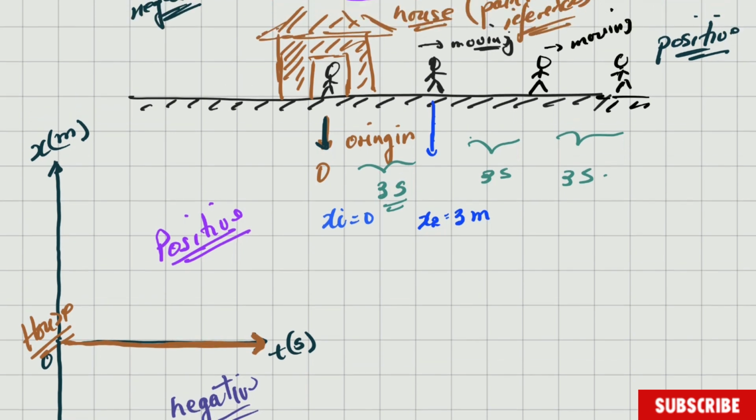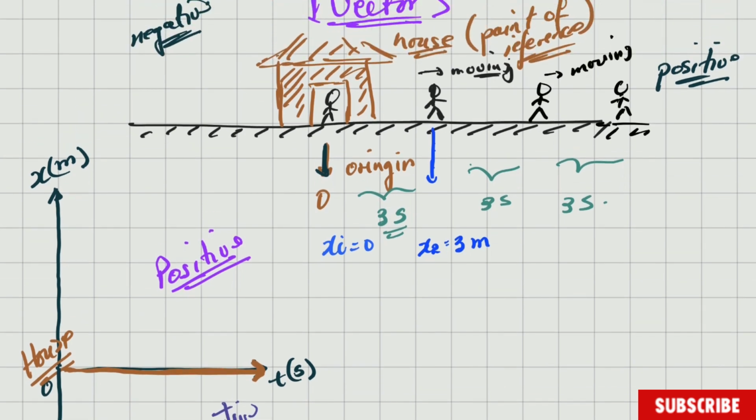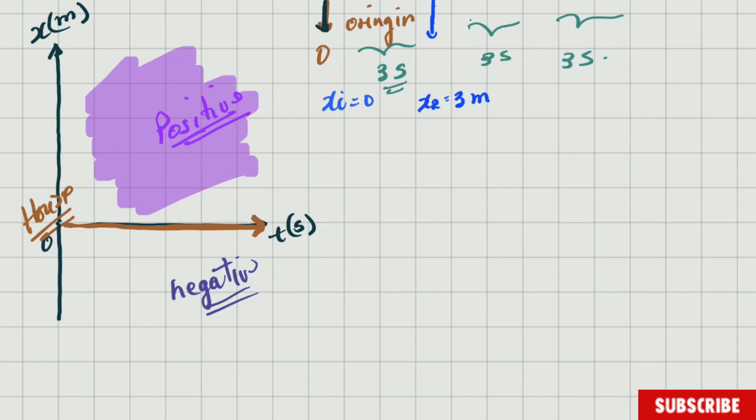In this case, what is happening? The person is moving away from the house as the time passes. So the x-axis represents the house. The one side on top, this quadrant here, represents the positive direction, and this quadrant here represents the negative direction.